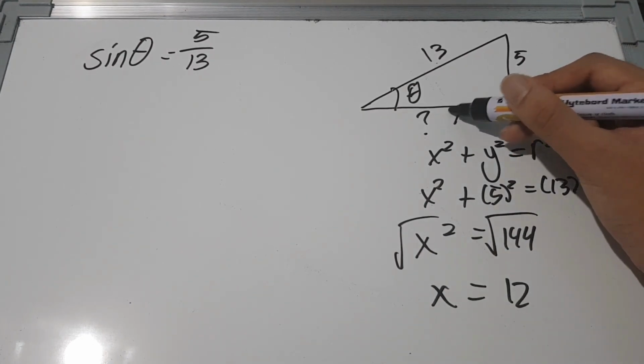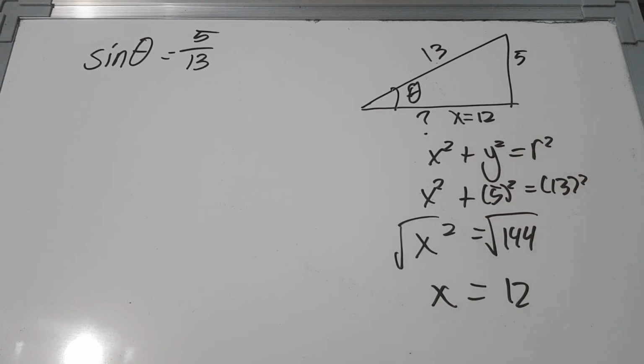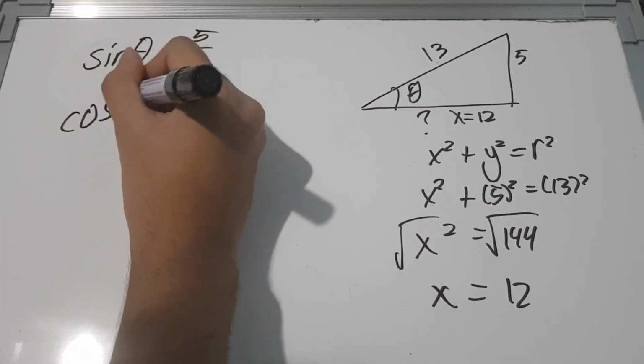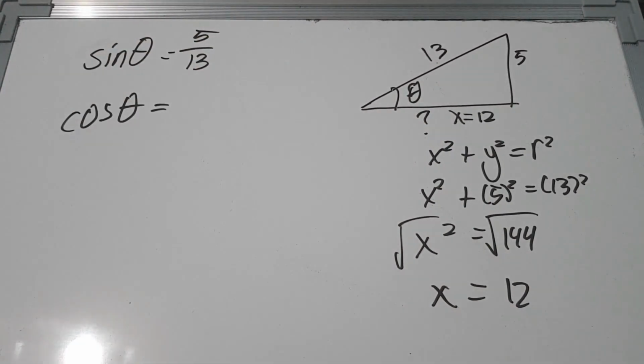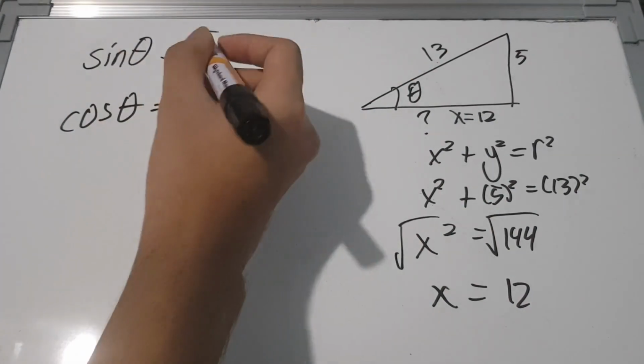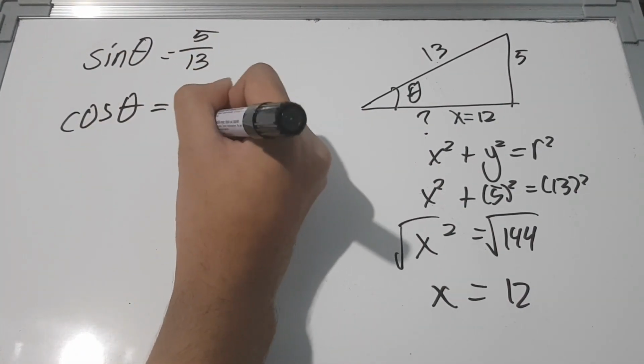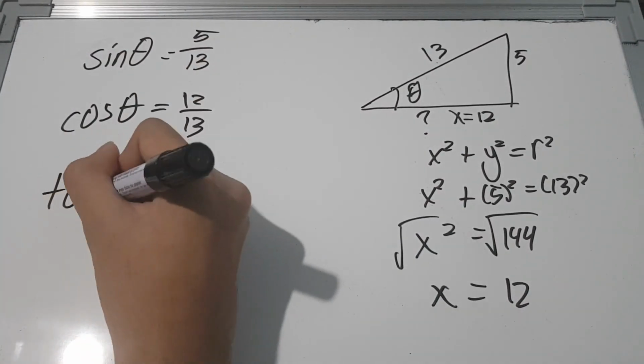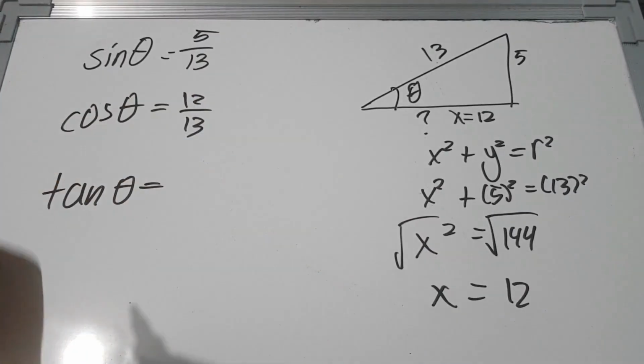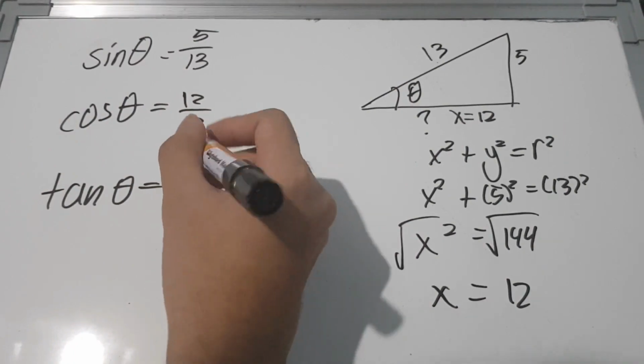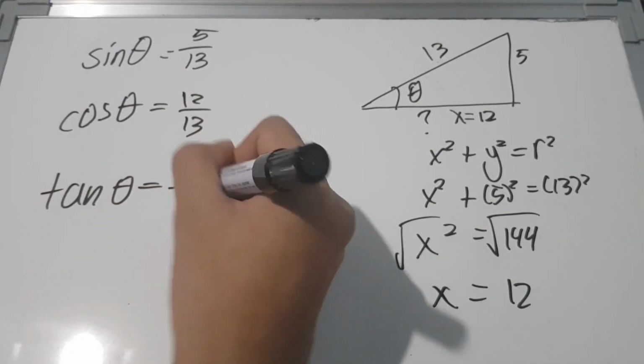So now that we know the adjacent side, we can easily identify the other circular functions. Cosine is adjacent over hypotenuse, meaning 12 over 13. Tangent is equal to opposite over adjacent, which is equal to 5 over 12.